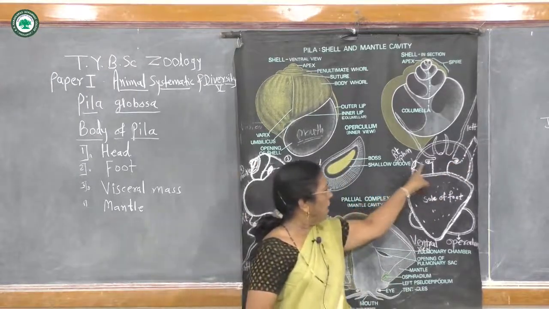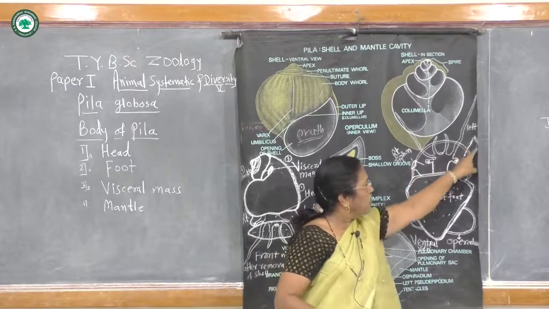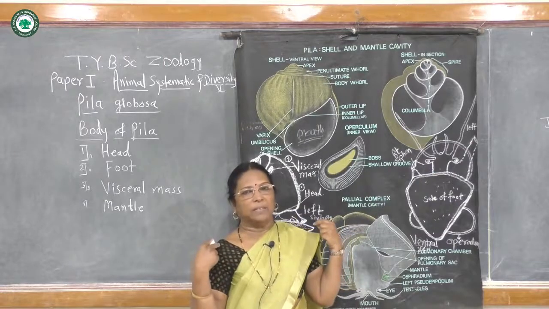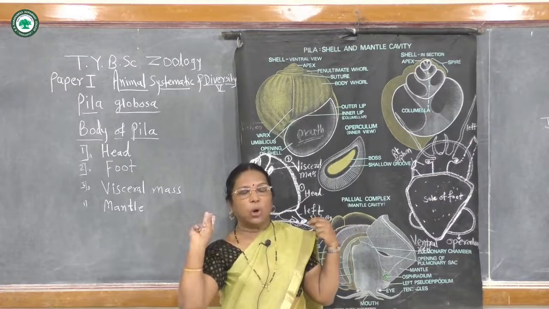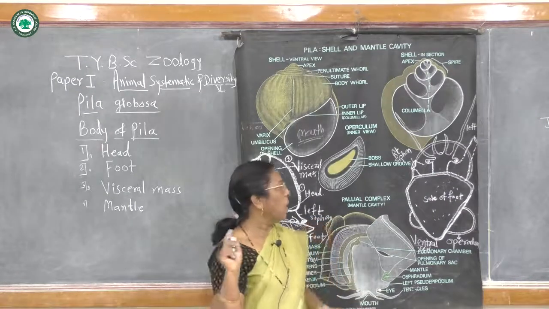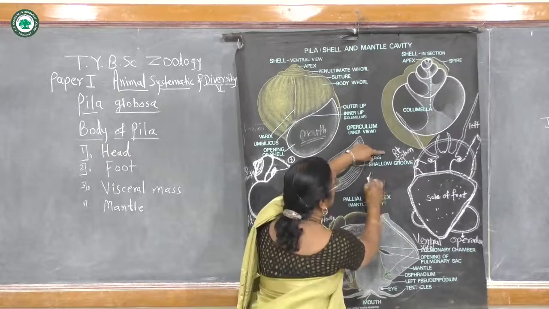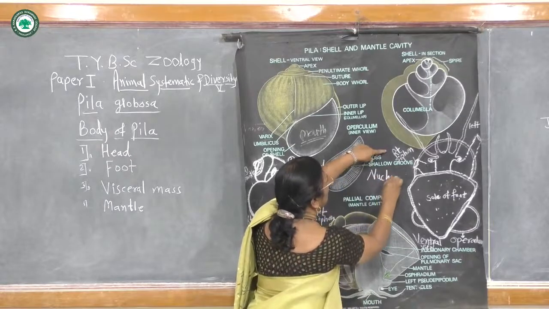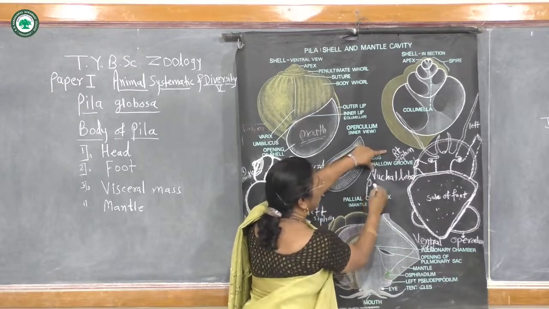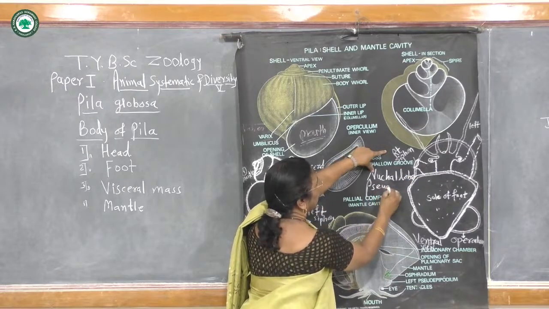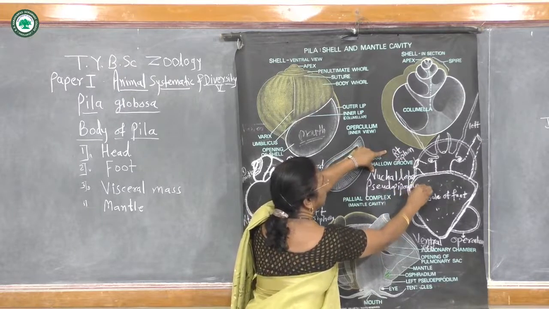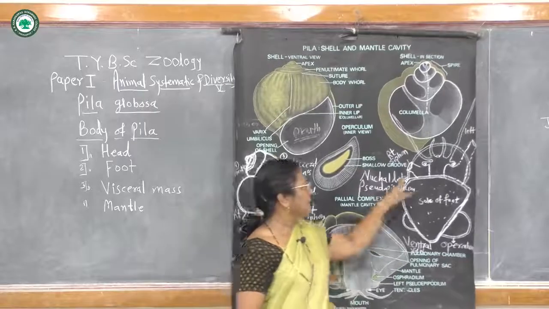This skin fold is nothing but the modification of mantle which on either side of the head gives a rolled, siphon-like part called nuchal lobes or siphons, or they are also called pseudopodium. It is the modification of mantle itself.